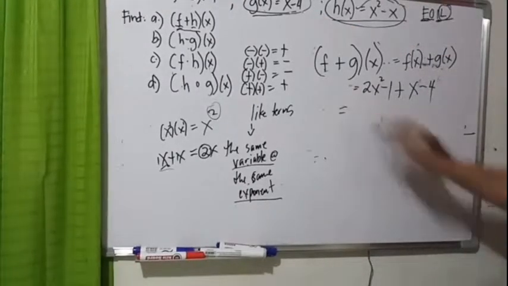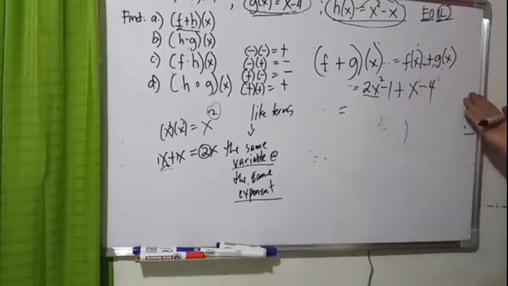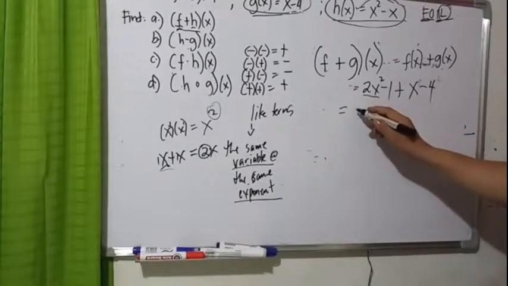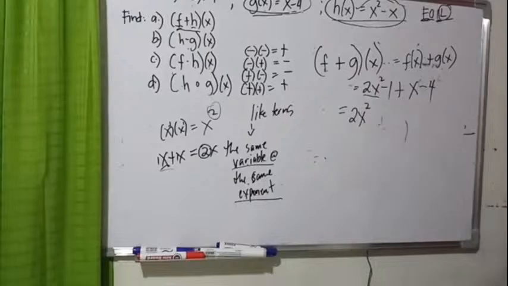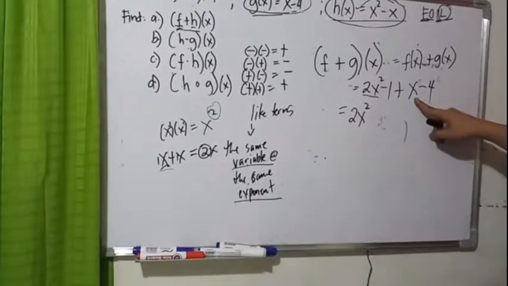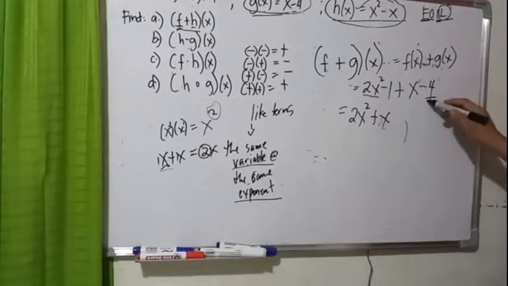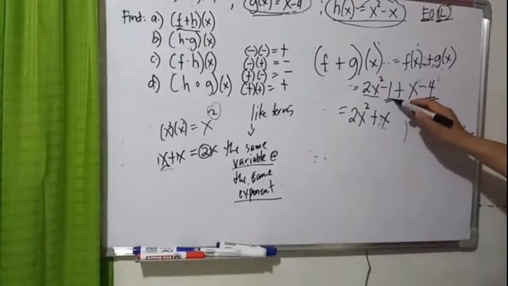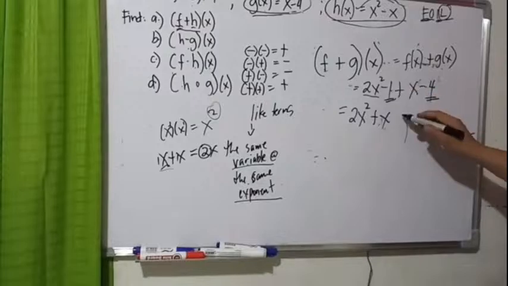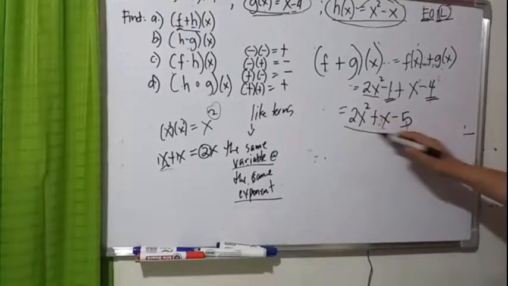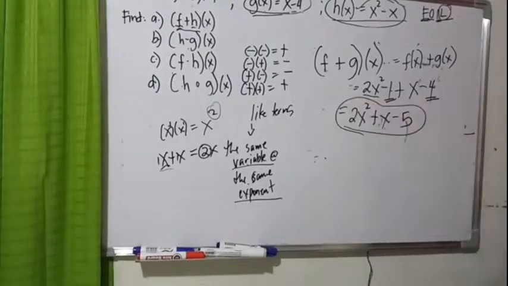Then combine like terms. 2x squared has no partner, so just copy 2x squared. How about x? None, so plus x. Then negative 4 and negative 1: add 1 plus 4, that is 5, then copy the sign, so negative 5. So this is the answer for f plus g.